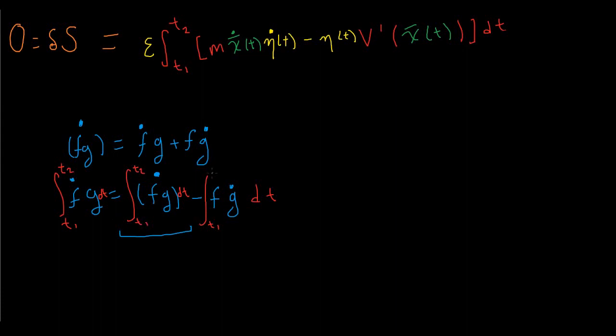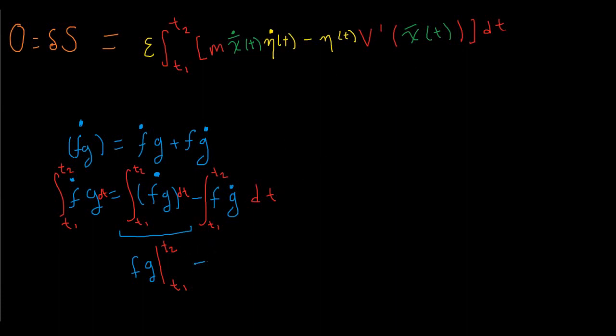And by the fundamental theorem of calculus, this is just equal to fg evaluated at t1 and t2. And by that I mean you evaluate at t1 and then you subtract off evaluating at t2, as I hope you know.